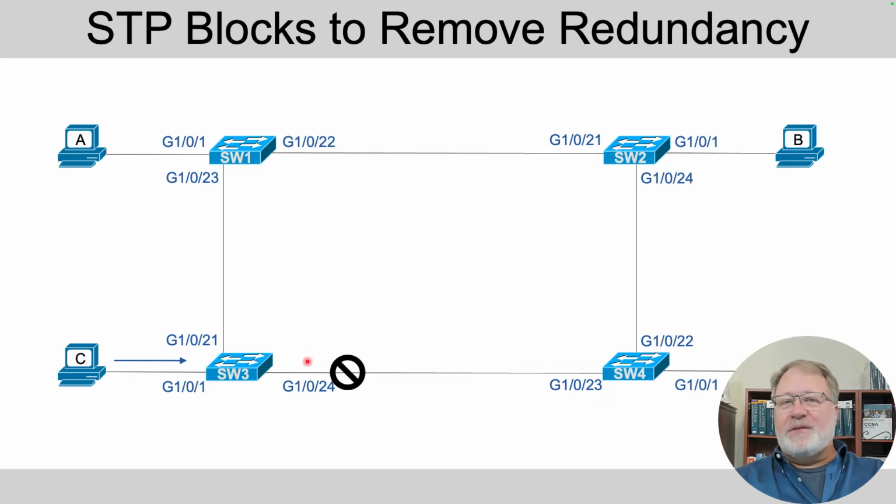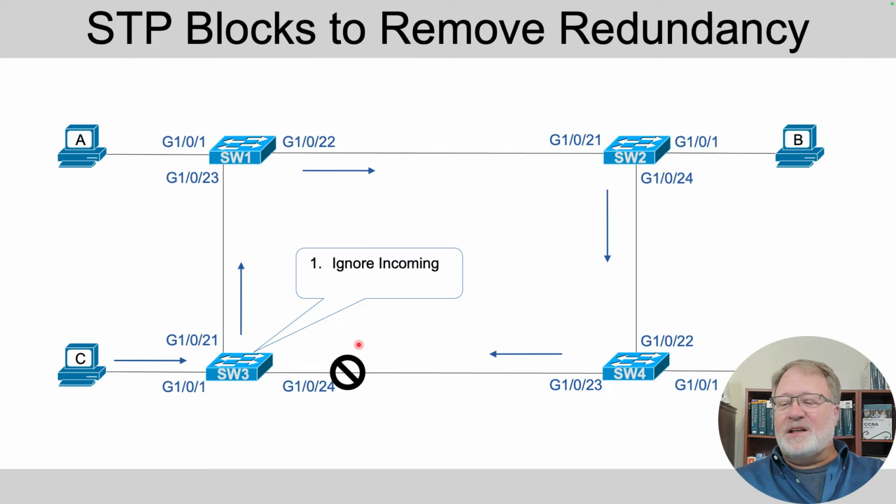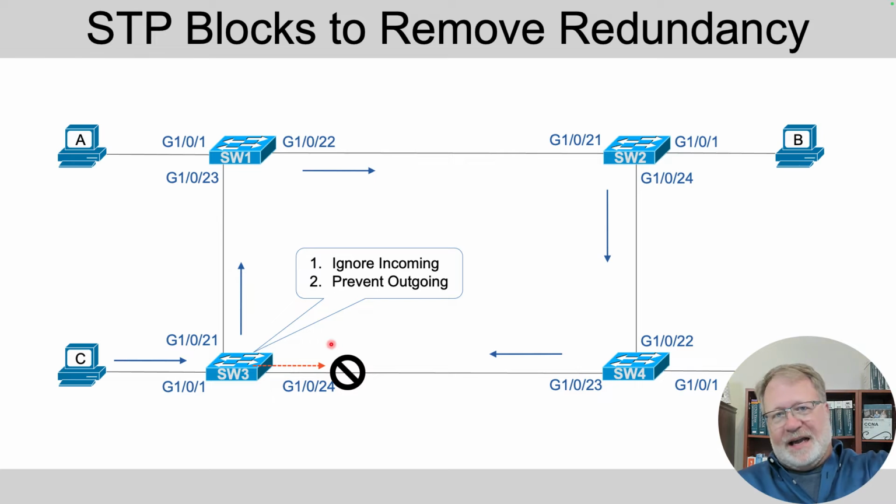So C sends that frame, it's a broadcast, so switch 3 is going to forward up and around, but when the frame comes back into switch 3, he won't process it. So its logic is, hey, I'm going to ignore any incoming frames on that port, and I'm not going to forward. I'm going to prevent any outgoing frames. While this orange arrow line shows that action, he never actually sends any frames there.